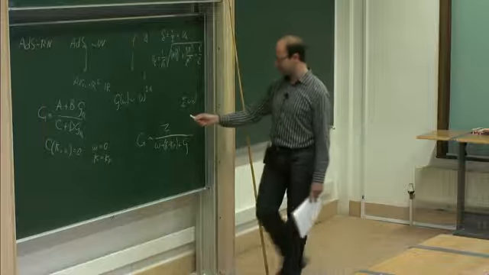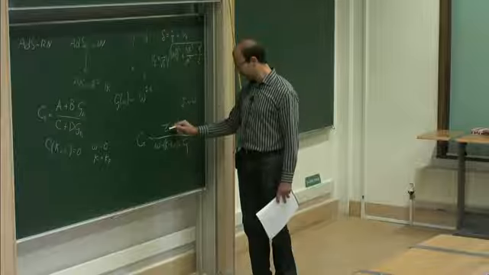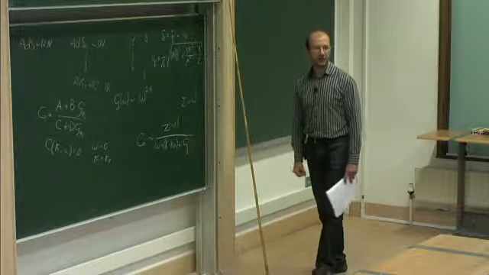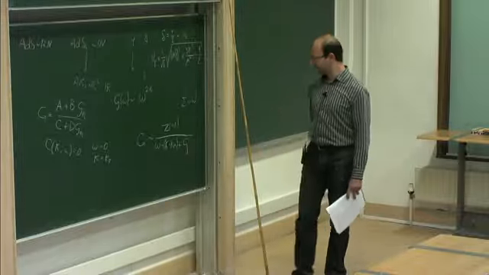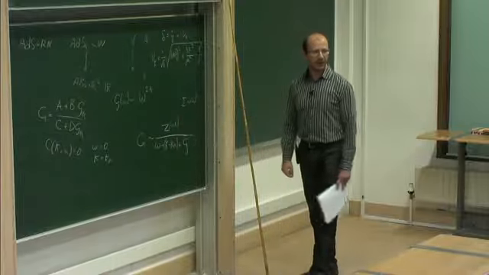And this Z is also a function of omega and k, which is the residue of the pole, and tells you about the renormalization of the quasi-particle, or the overlap of the quasi-particle with the free electron at the Fermi surface.